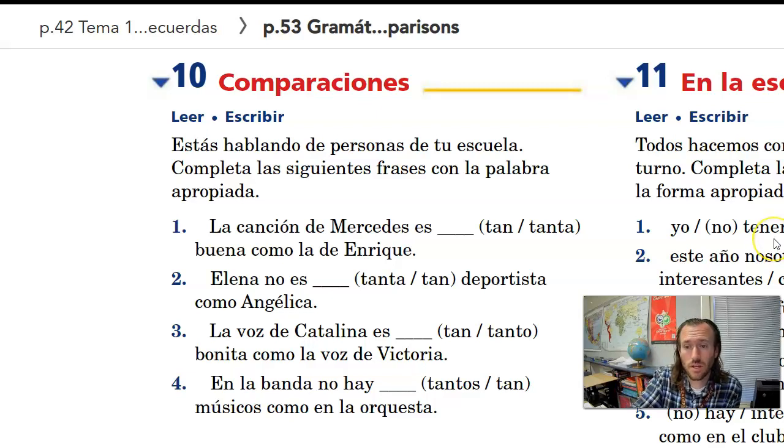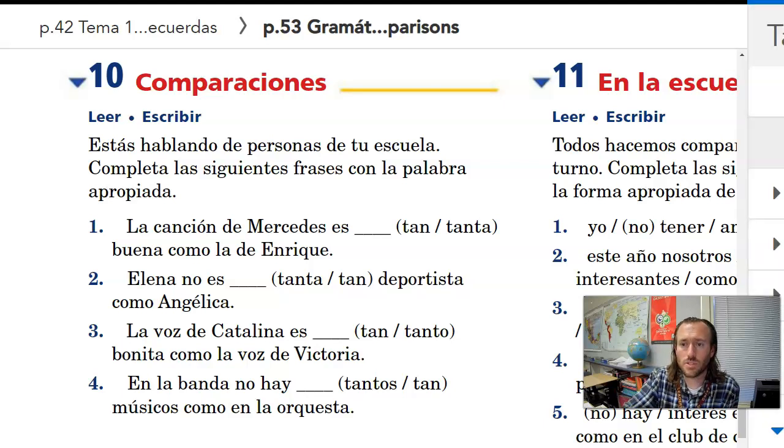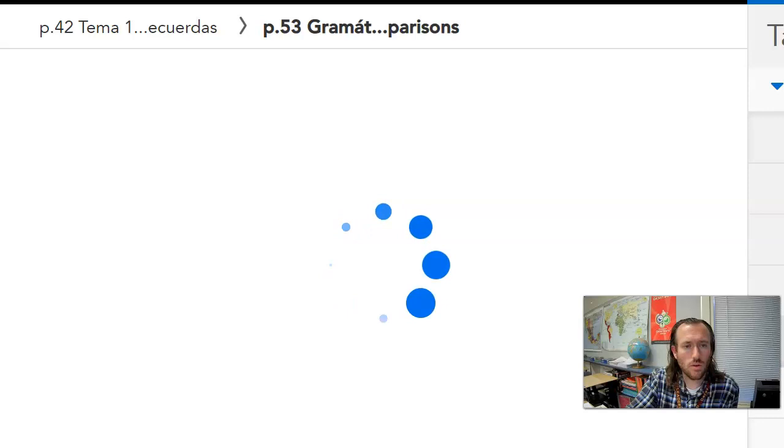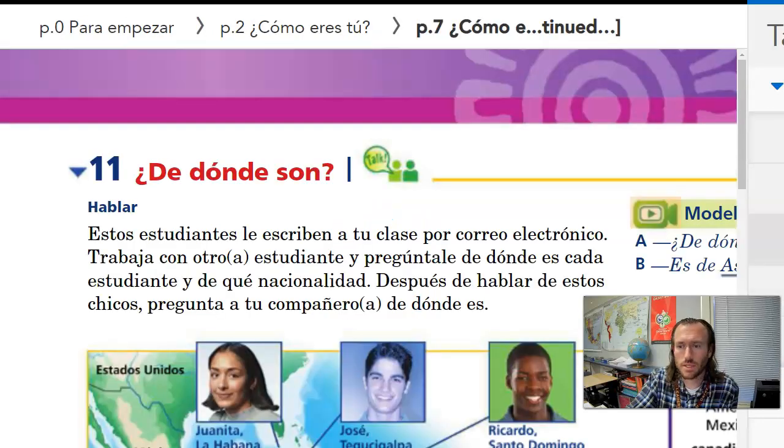The first thing is to conjugate the verb that's provided according to the subject. The verb here for number 1 is tener, and you can go to page 7 of the textbook to get a quick review. Oh, not 7.